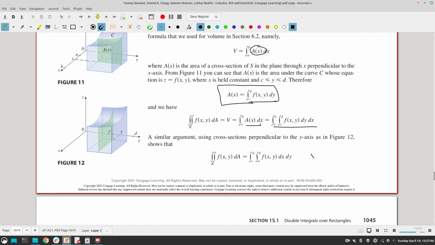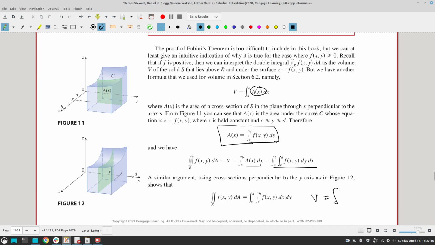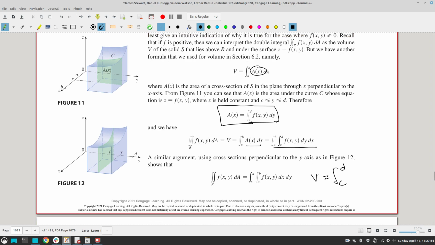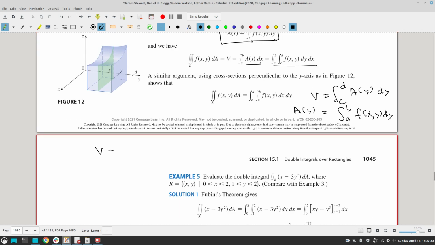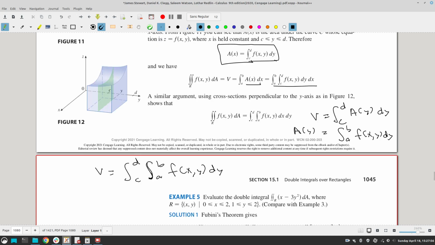I can write that the volume is equal to the integral from c to d of A(y) dy, and I could write A(y) equals the integral from a to b of f(x,y) dx, because y is held constant.